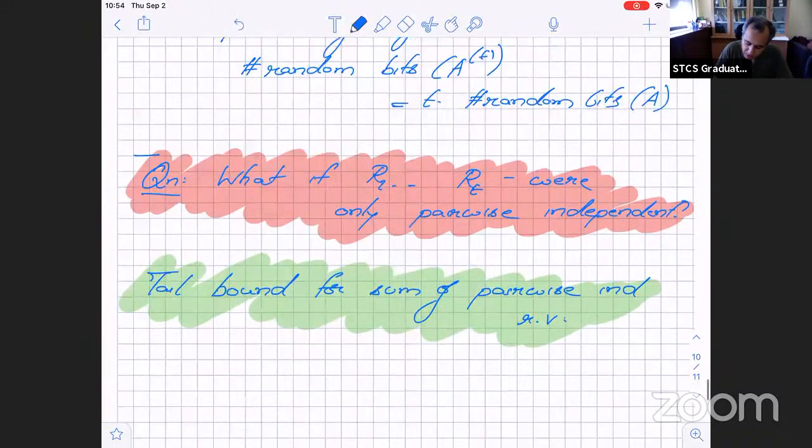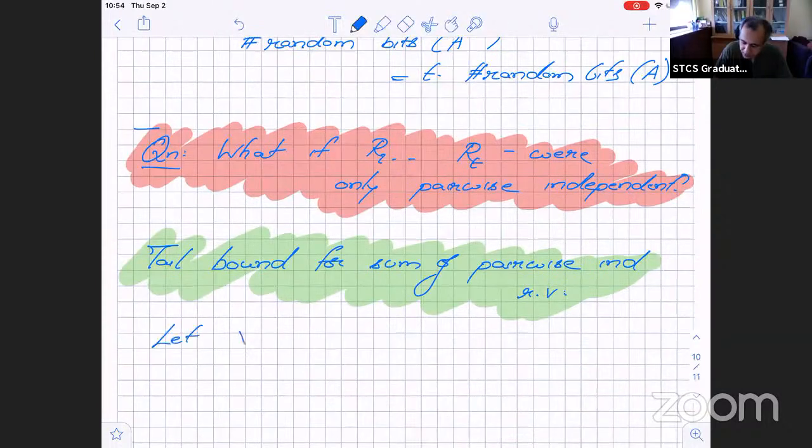As before, let x1, x2, ..., xt be not independent but pairwise independent, bounded random variables, say 0,1 valued.